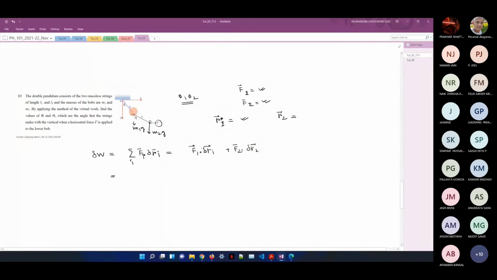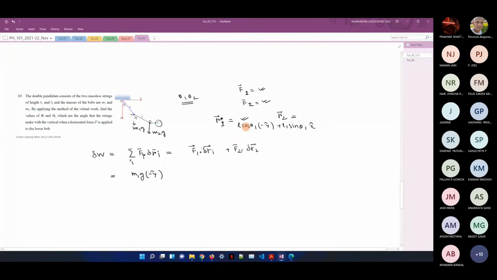For particle 1, our m1g is acting along minus y cap. And delta R1, if you write R1 here, we will get that R1 is equal to L1 cos theta 1 minus y cap plus L1 sin theta 1 plus x cap.